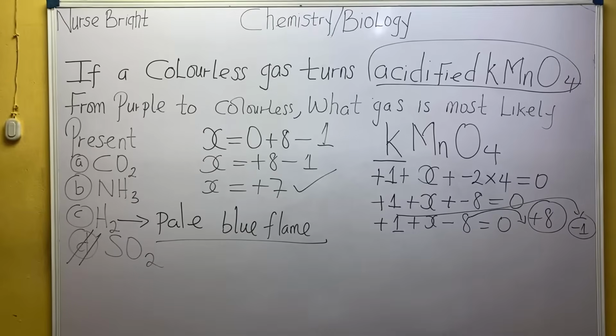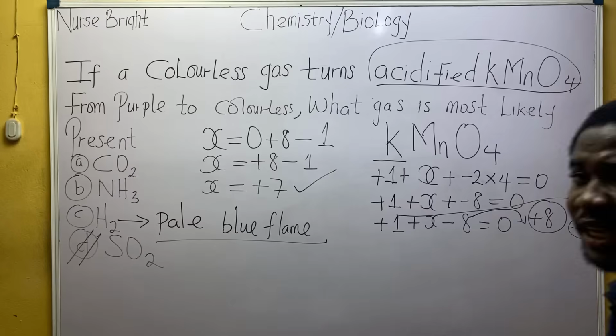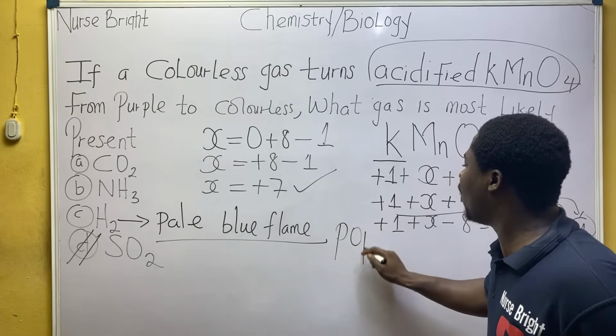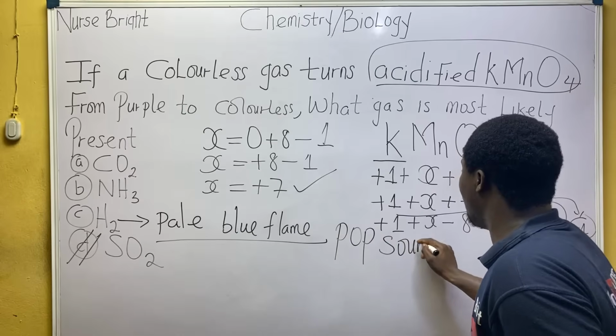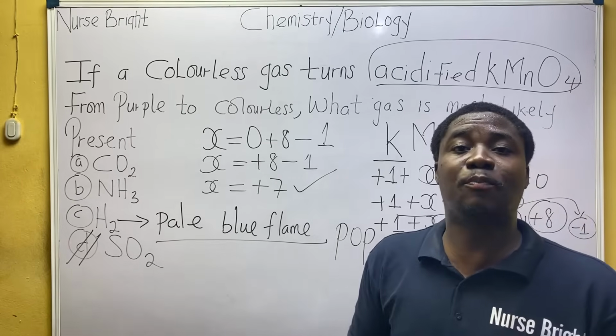Now moving further, you can see I said that hydrogen burns with a pale blue flame, and when hydrogen is burning, the key point is that it makes a pop sound, like when you are making popcorn.